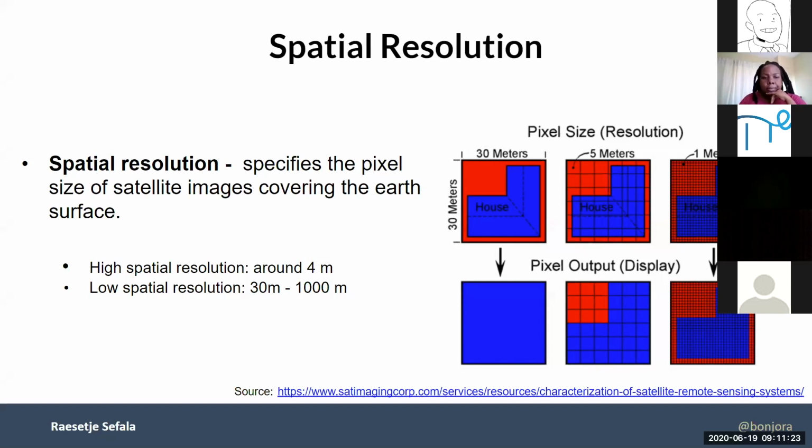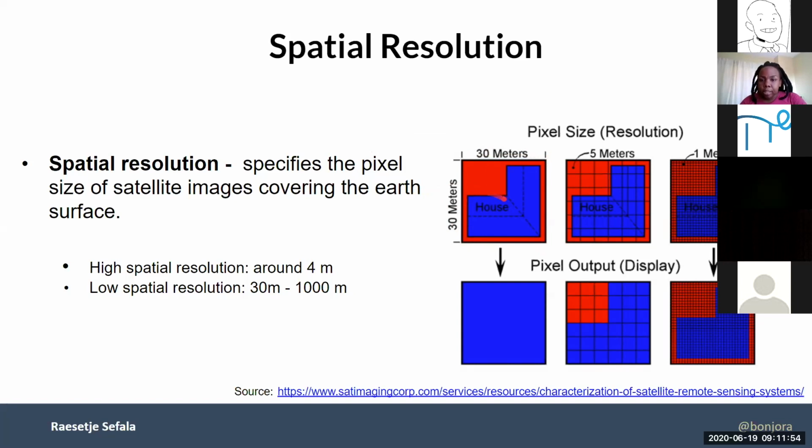When we're talking about spatial resolution, we're talking about a space on the ground and how many pixels represent that space. If we look at this illustration on the right, we can see this block of space on the ground.